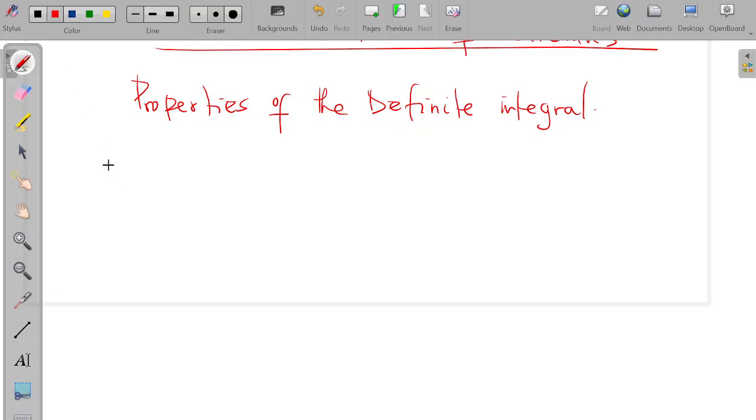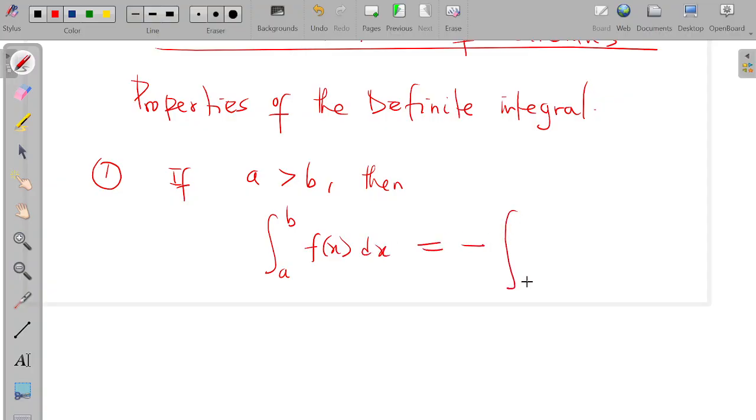Okay, so number one of those properties is that if A is greater than B, then the integral from A to B of f of x dx will give us minus the integral from B to A of f of x dx.